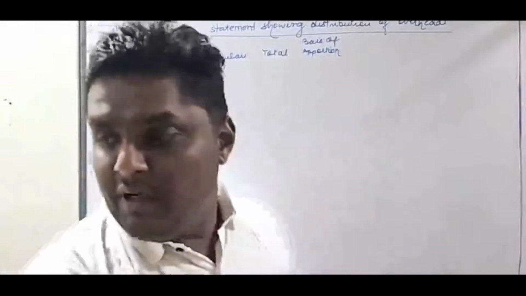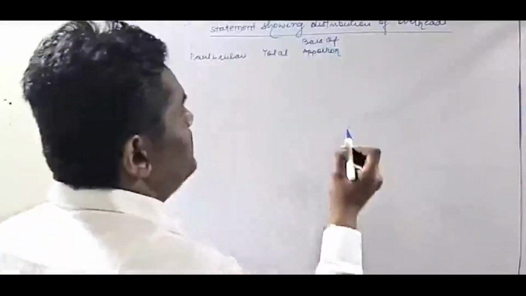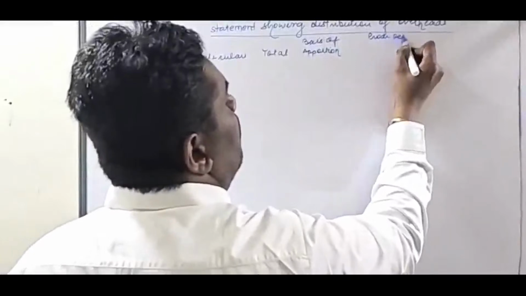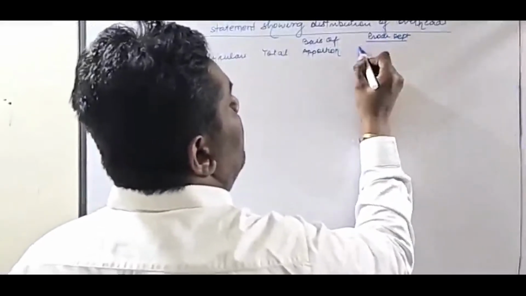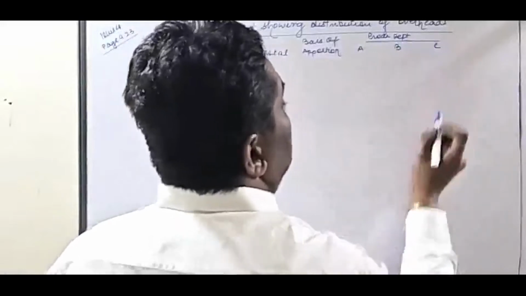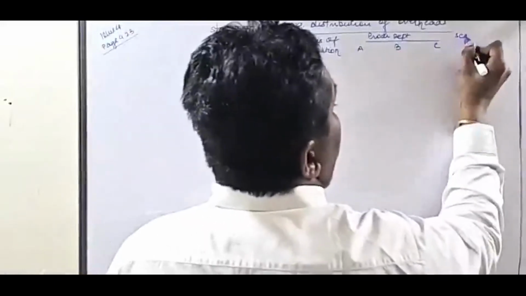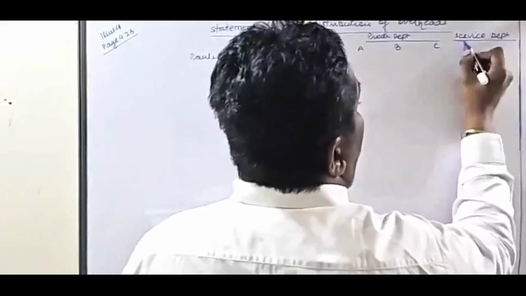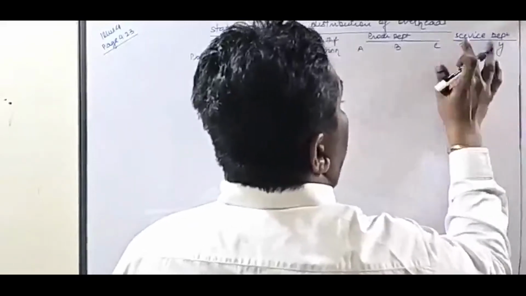Then there are 3 production departments A, B, C, and 2 service departments X and Y.